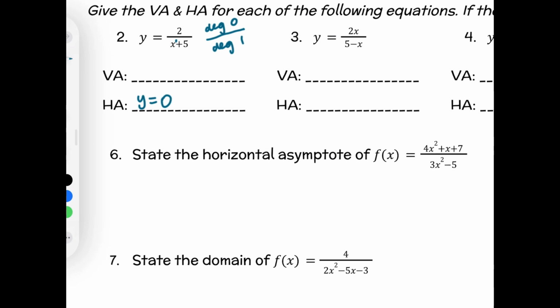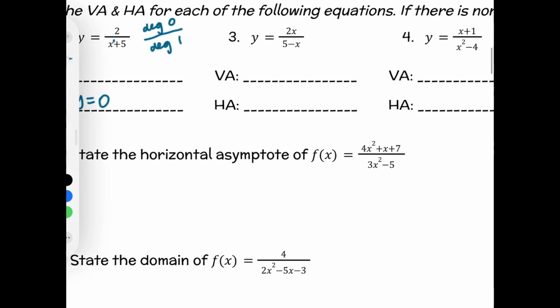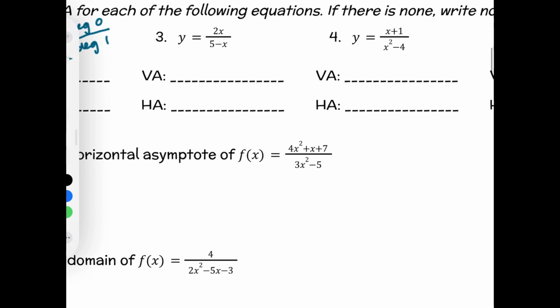All right, let's keep on trend with going for horizontal asymptote. So looking at number 3, I'm going to rewrite this denominator because we want our x to be first. So I'm going to write it as negative x plus 5. The degree of the top for this one is going to be 1. The degree of the bottom is also 1 because we just have 1x. So what we're going to do is take the ratio of the leading coefficients.